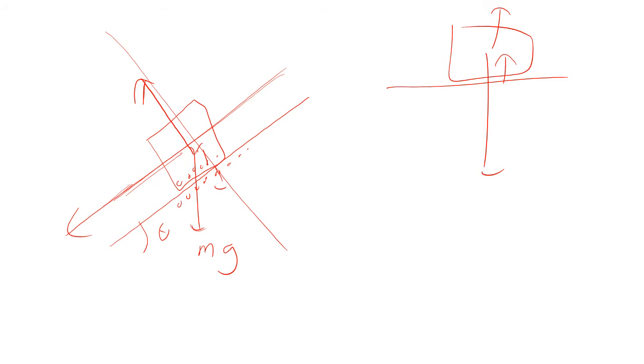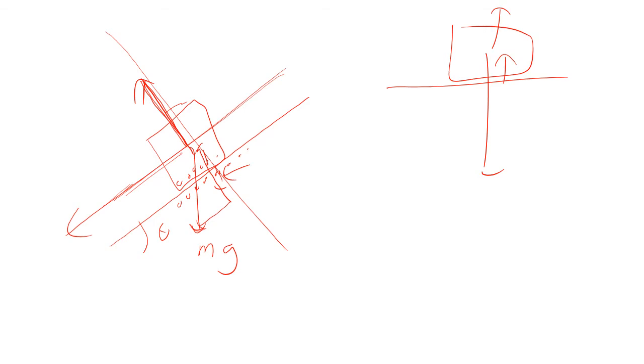So I want to tilt my axes to make it one-dimensional. That means that the weight is going to have two components, an x and a y component. So this repulsive force only balances that component right there.